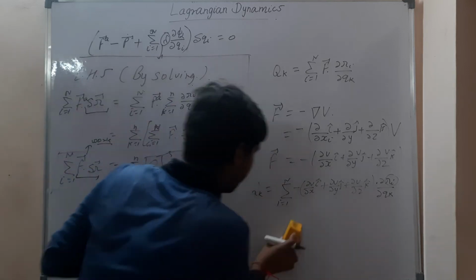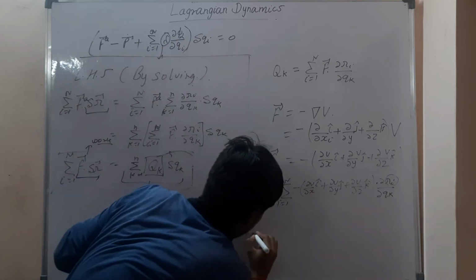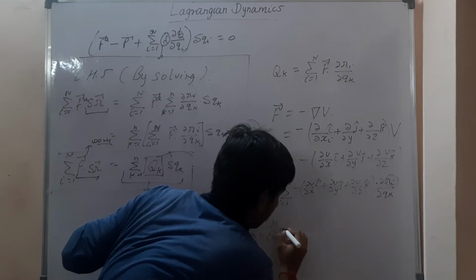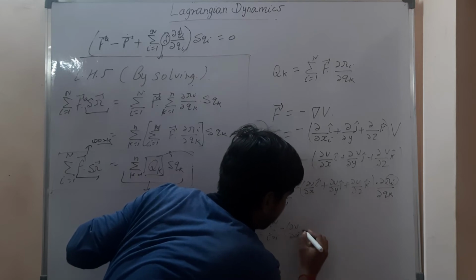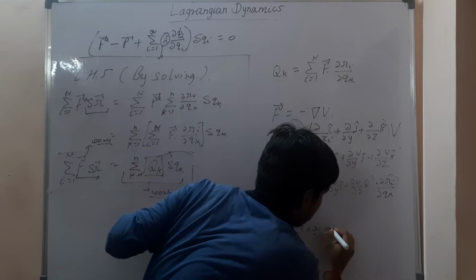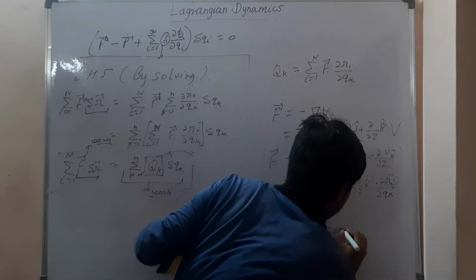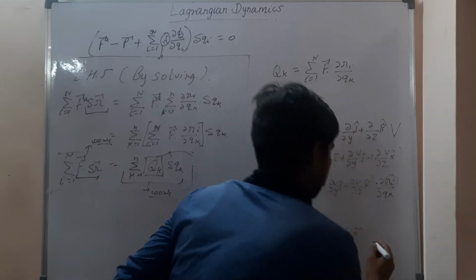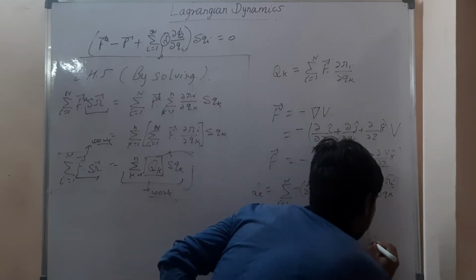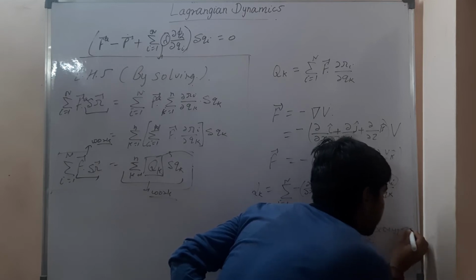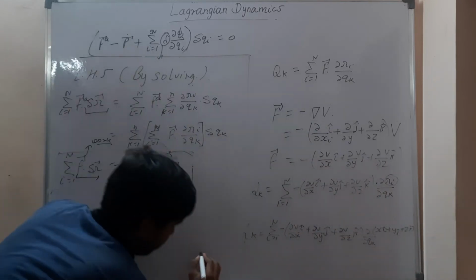So if I write this in the equation, you will get the sum of 1 to n.